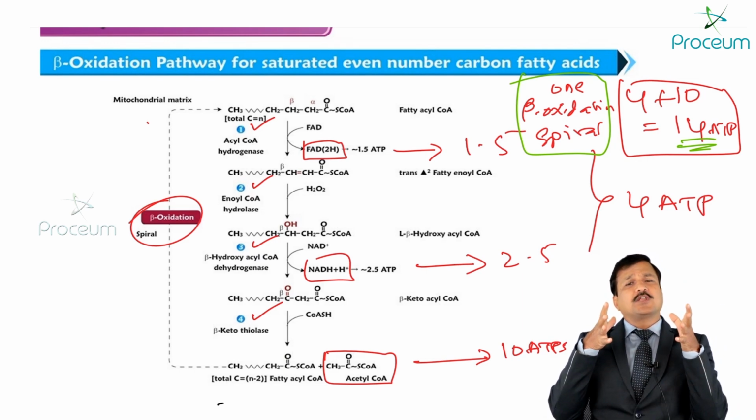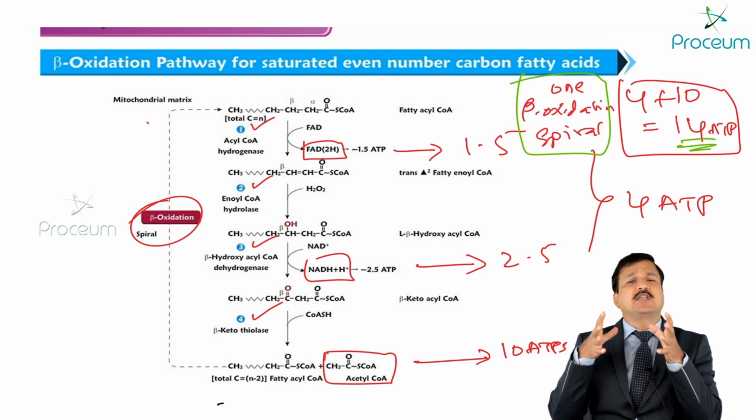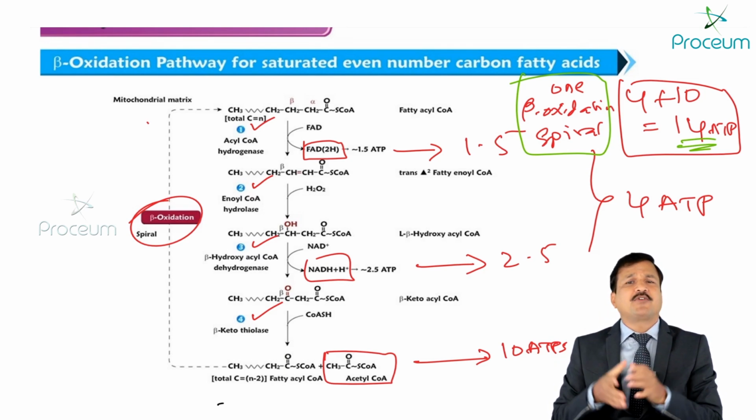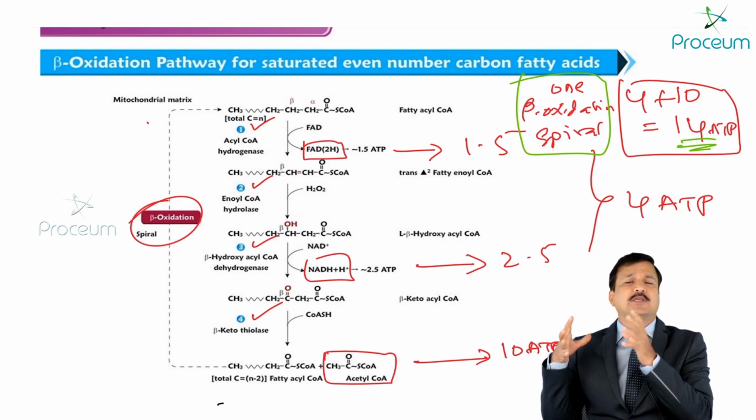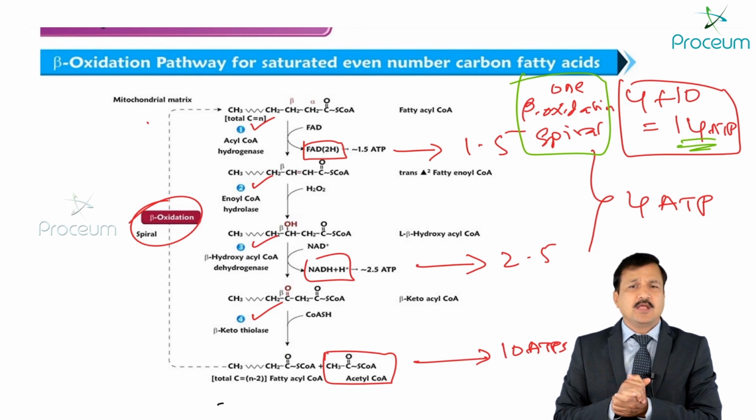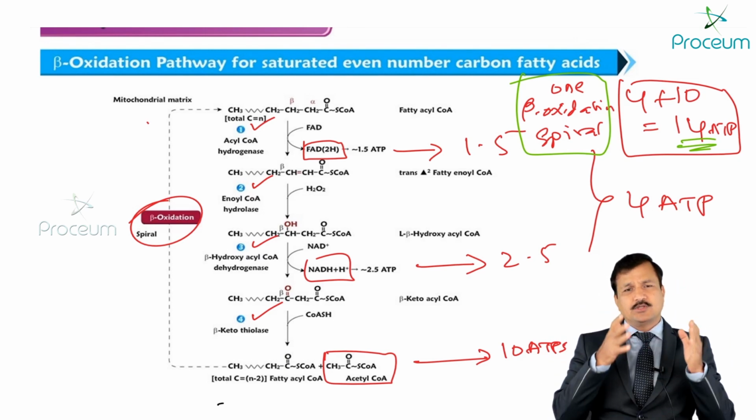Like here, if you know the net number of ATP for 16 carbon palmitic acid, and if I am asking about 18 carbon, what is the net number of ATPs that we get upon oxidation? You don't need to do the whole calculation.